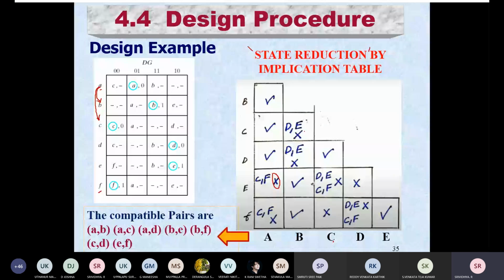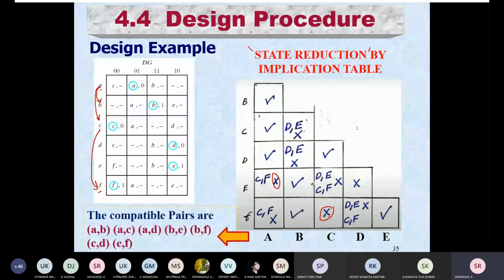Now this is nothing but C comma F, right? It is actually not a don't care. It did not match. C comma F here, first thing itself, it is not matching. Then the others again have one clash with D comma E also.